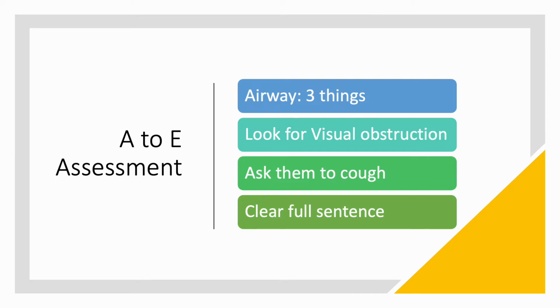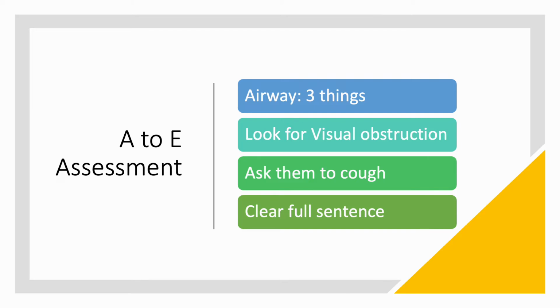A few people came to me and asked, is it okay if I jumble things up, if I check breathing first, then go for disability, then check circulation? What if I forget something? So the best advice I could give is, please follow this order of assessment. Why?